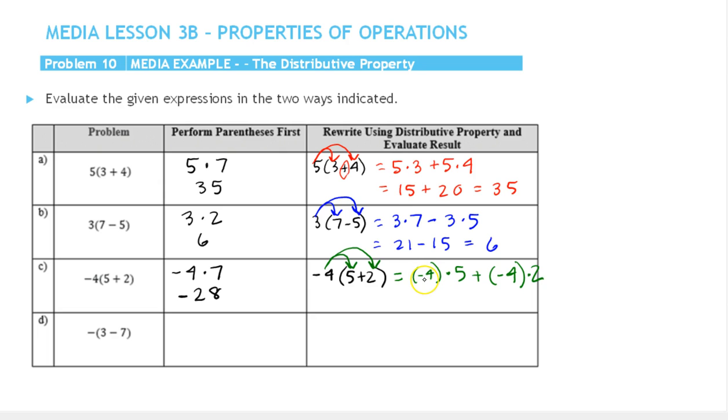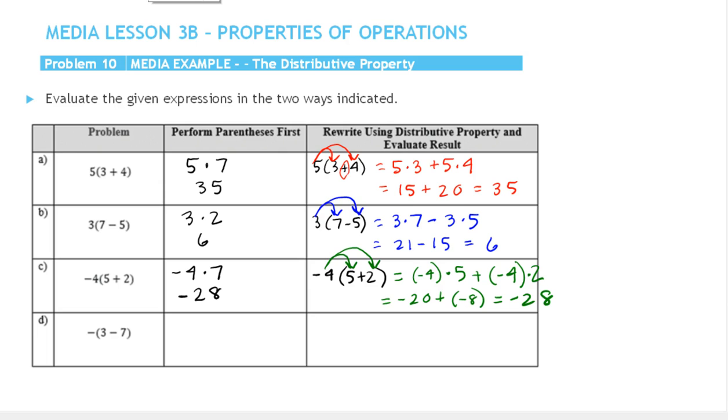Now let's multiply the pieces. Negative 4 times 5 is negative 20, plus negative 4 times 2 is negative 8. Now adding these together, they're both negatives, so I add the absolute values and keep the negative sign. 20 plus 8 is 28, and the result is negative 28. And that checks with our other result.